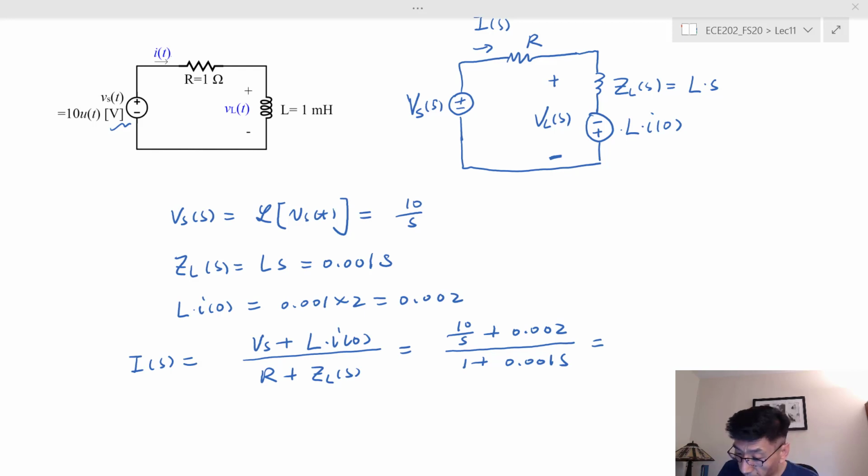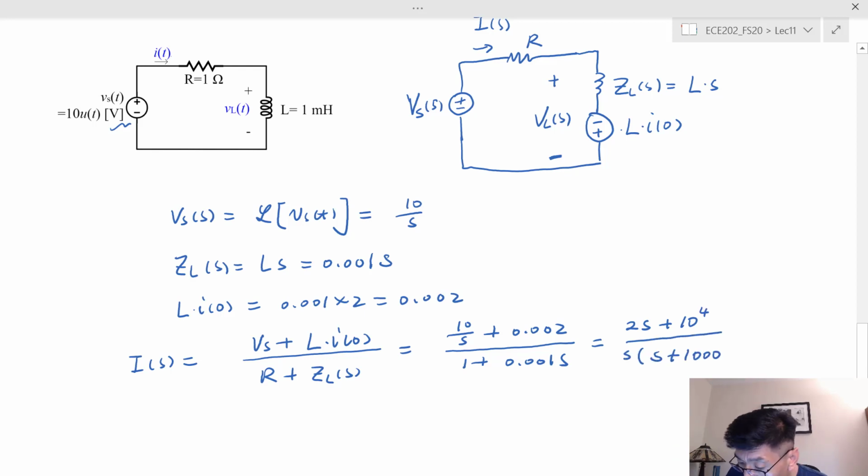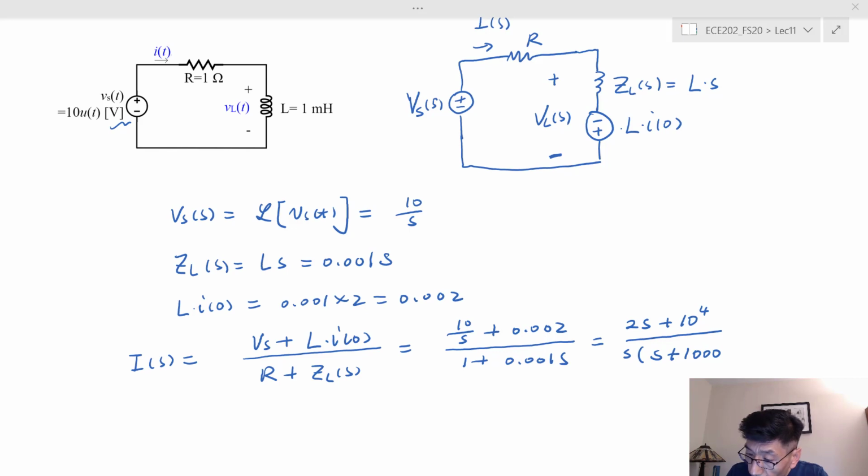If you multiply by 1000 s in both numerator and denominator, you end up with 2s plus 10 to the 4, over s times s plus 1000. If you do the partial fraction expansion, you can get this in two terms: 10 over s minus 8 over s plus 1000.